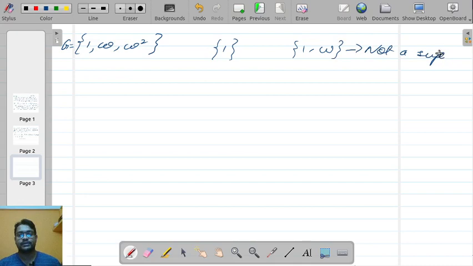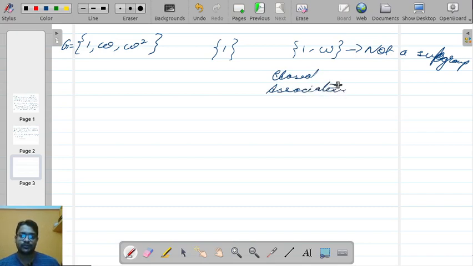So why? For a subset to be a subgroup, it has to be a group under the same operation. For a group, the conditions are that it should be closed, so the closure property should be satisfied. Associativity will always be satisfied because it is satisfied for the larger set.